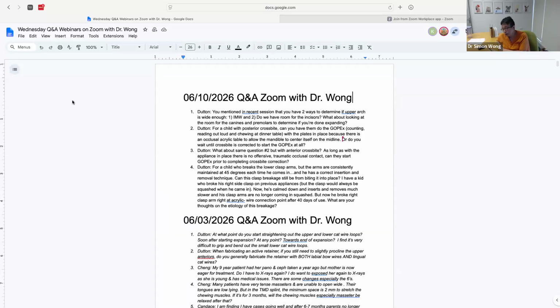So making decisions about whether we stop transverse expansion based on whether your premolars and canines fit doesn't make a whole lot of sense, because you can't widen your way out of an AP problem.